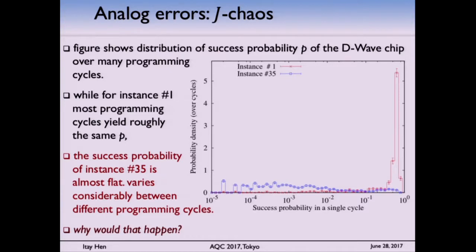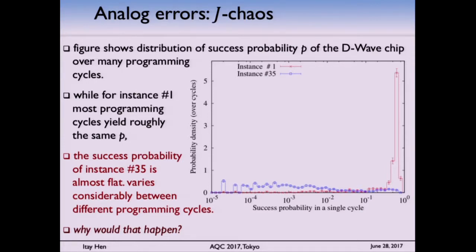However, for other instances, the blue instance, the probability density over success probabilities is pretty flat. It just means that for 20% of the times that I run the same instance, the probability is high, and for 20% it's medium, and for 20% it's very low. But I'm running the same instance, so it could only come from analog errors.